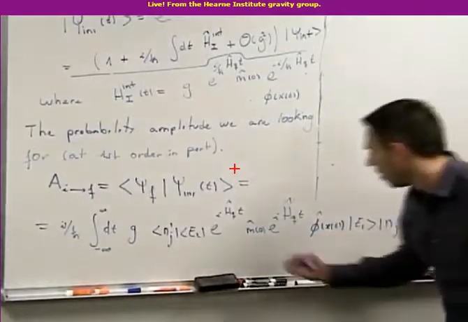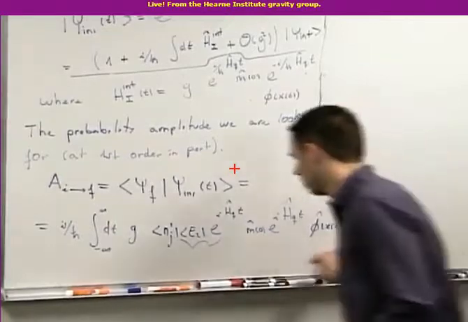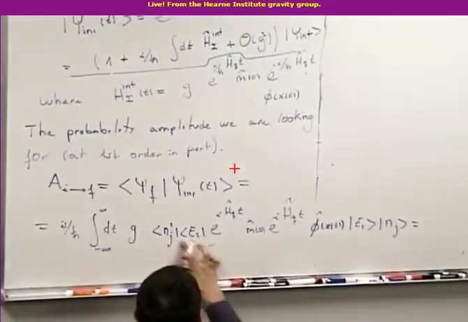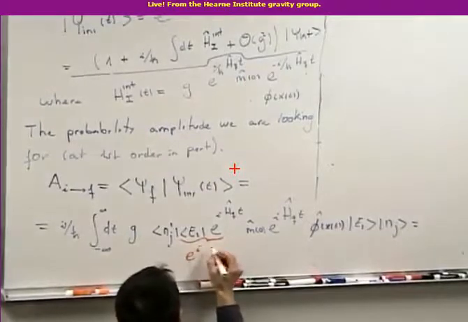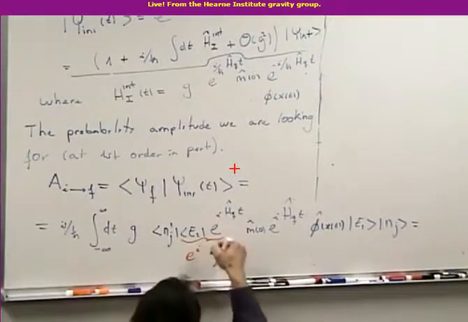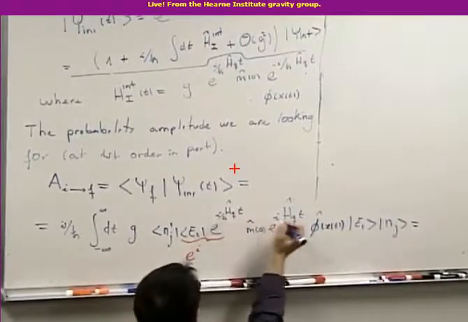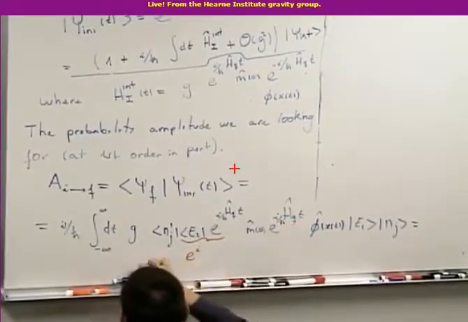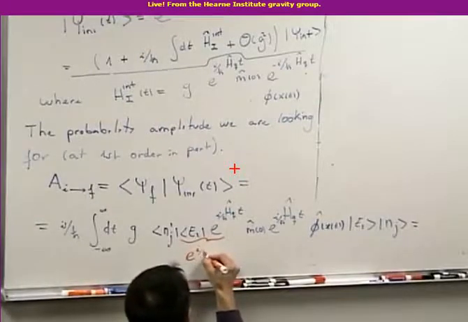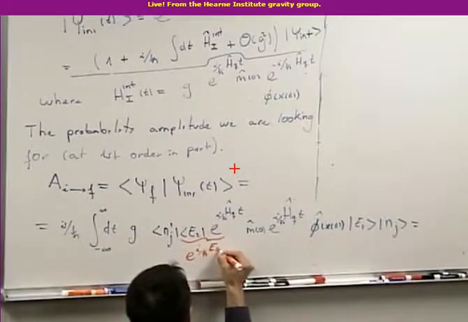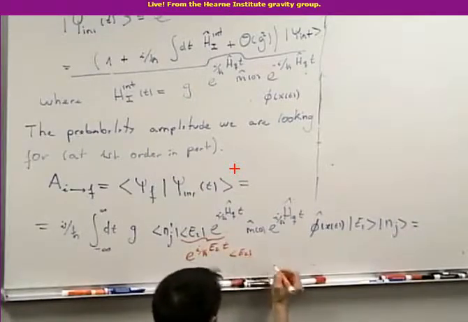So this will become, this is just e to the i H bar E2 t times E2.